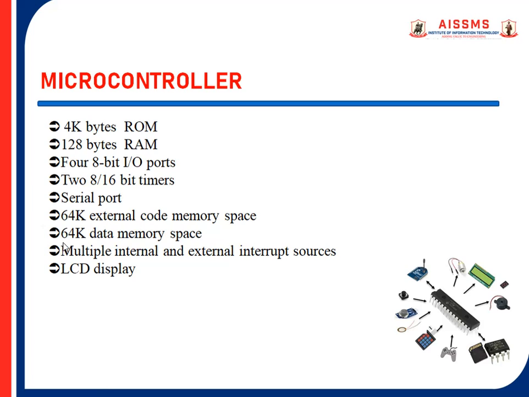The key features of the microcontroller are listed here: it has memory, multiple internal and external interrupt sources are available, the microcontroller is compatible with all sensors, and an LCD display system is available.